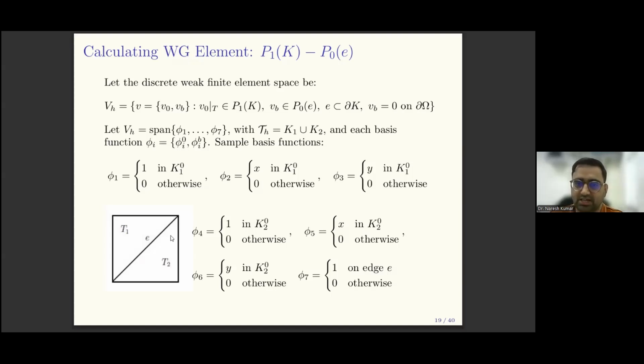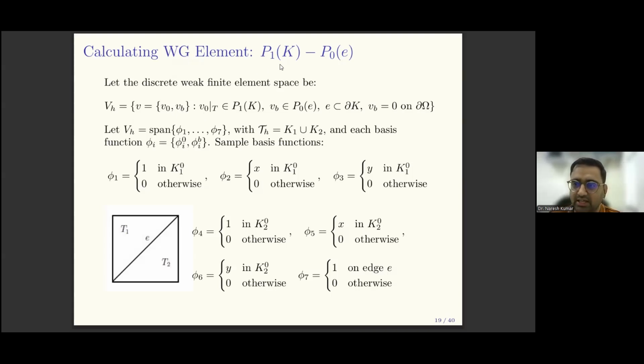So for easy purposes, I take the unit square (0, 1) cross (0, 1), and I split it into two parts, T1 and T2. Suppose you are blank and you don't know how to apply the WG method for this simple domain. Basically, you can think step by step. First, we have to define the WG space. We define the WG space in this way: Vh is the collection of all pairs v naught and vb.